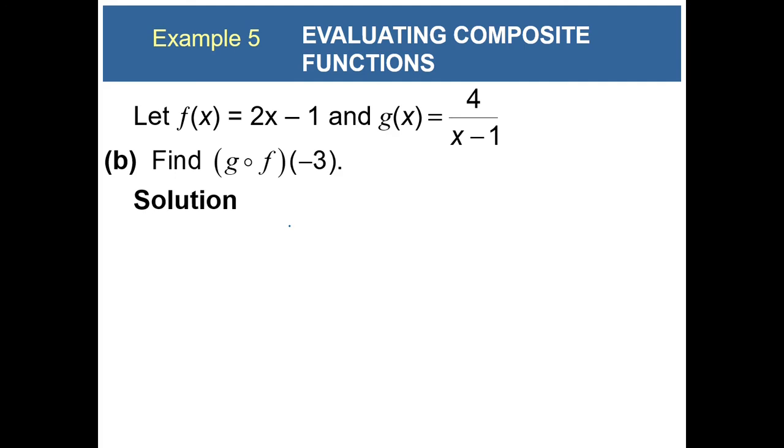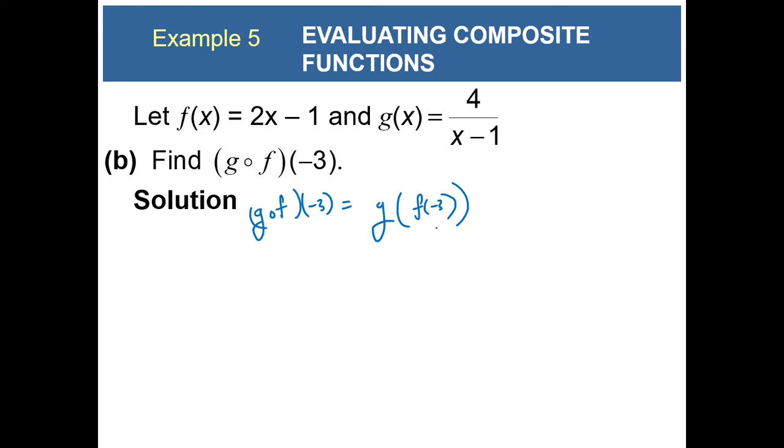Let f of x be equal to 2x minus 1 and g of x be equal to 4 over x minus 1. Let's find g of f of negative 3.